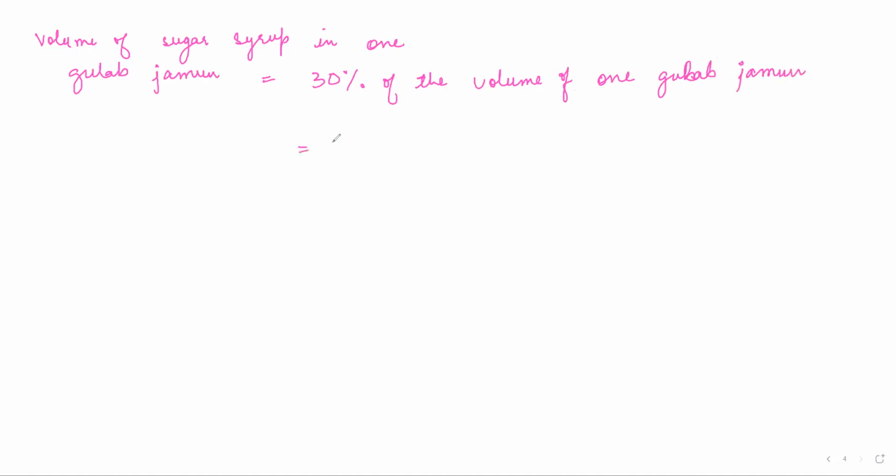So this is equal to 30% of the volume of one gulab jamun, right? So that means 30 divided by 100 into volume of one gulab jamun, which was 25.05 something I got, right? Centimeter cube. So like 10 I can cancel out. What will I get here? So let us do it. So this is 3 by 10 into, if I just remove the decimal and make it 100, right, Amna?